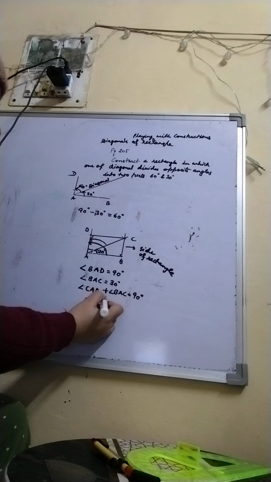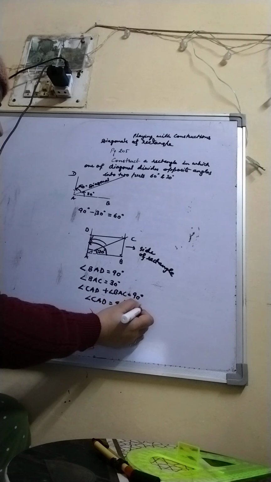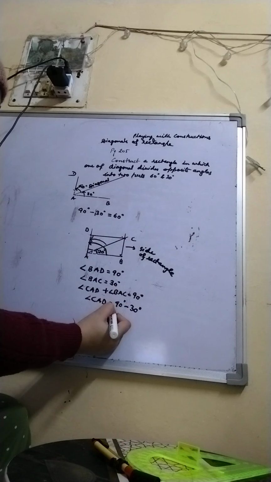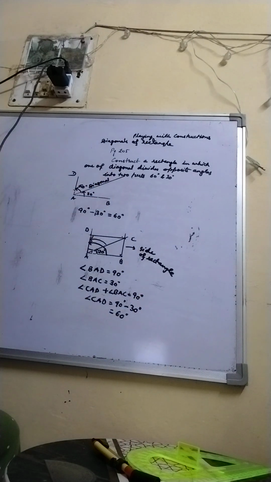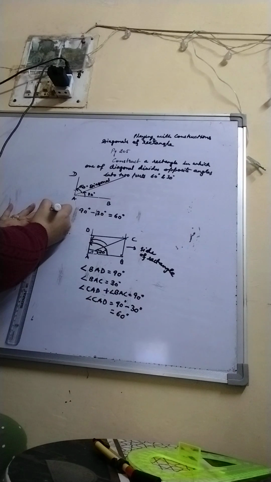So angle CAD would be equal to 90 degrees minus 30. If the whole angle is 90 degrees and you subtract 30 degrees from it, what will the measurement of the angle be? 60 degrees.